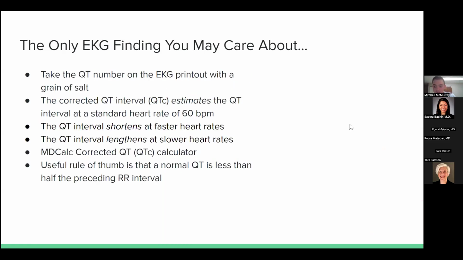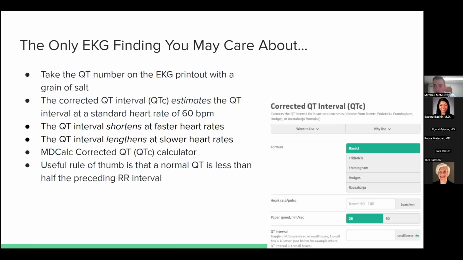We'll go into the QT interval just a little bit more here. You guys will notice that when you get handed an EKG, it has a computer interpretation on top. It'll tell you what it thinks the rhythm is and what any abnormalities might be. It may say, oh man, this looks like a STEMI. But in the top left corner of every EKG printout are all the intervals of every tracing.